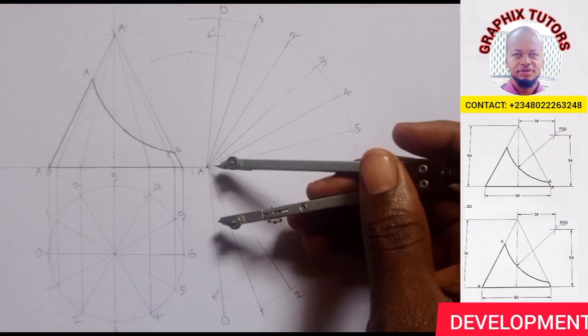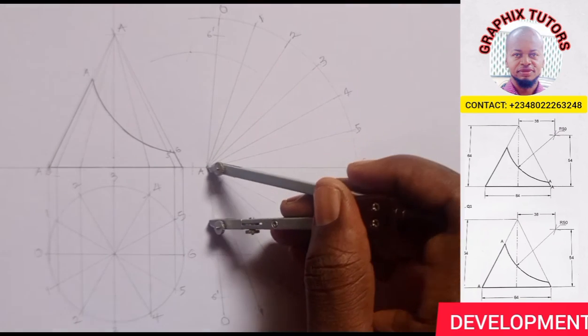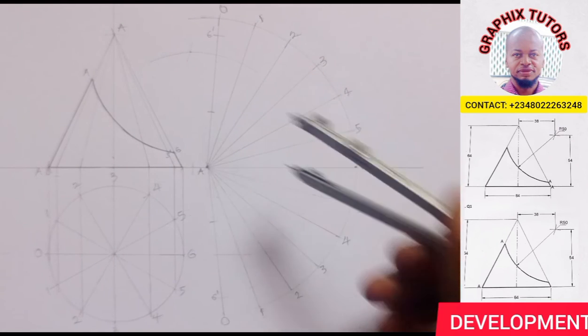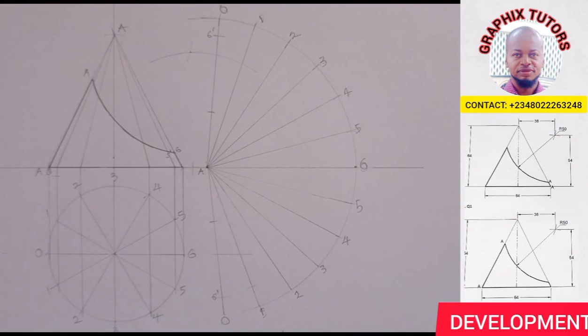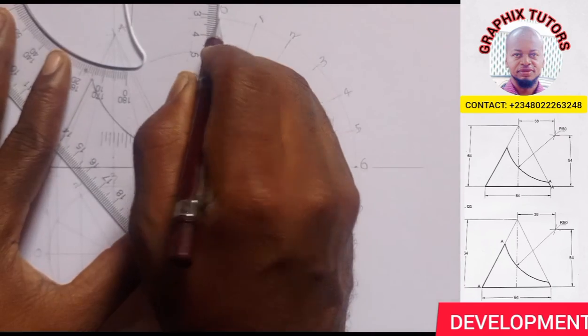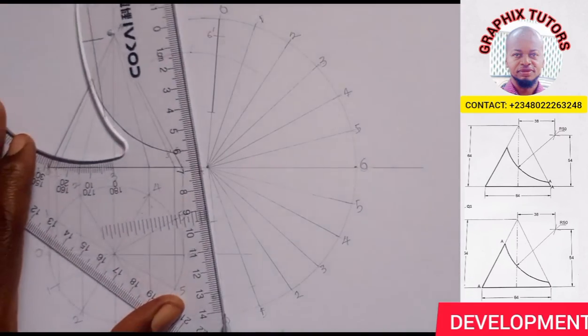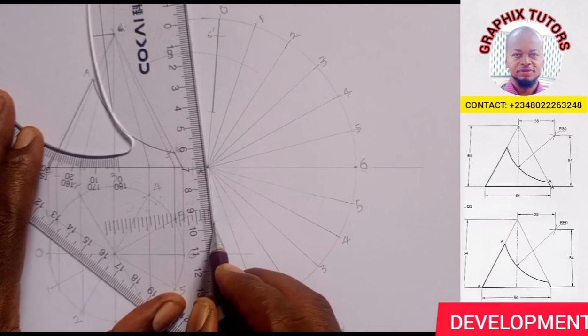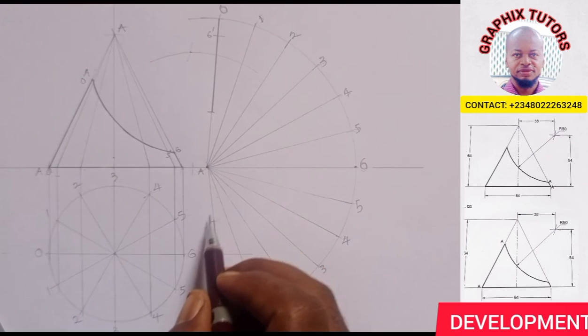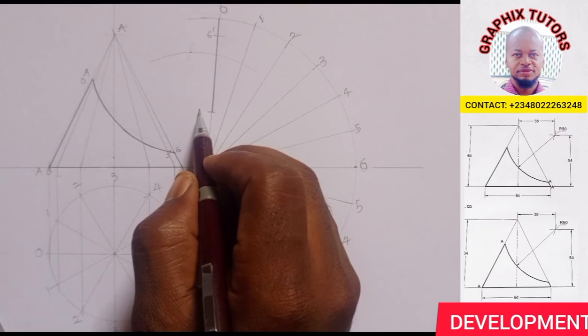Then I'll come to A also and mark 0 at this end and also 0 at this end, which I can easily just stick in from this point to this point and from this point to this point. So I can easily call this my 0, my A here also. This is A and this is A.